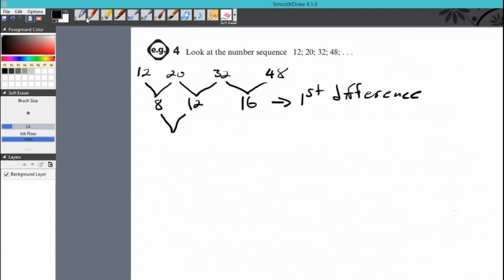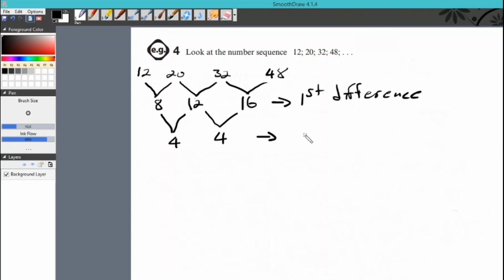Okay, so the first difference is this. Now we want the second difference. Now it is 12 minus 8, it's 4. Now it is 16 minus 12, that's 4 also.